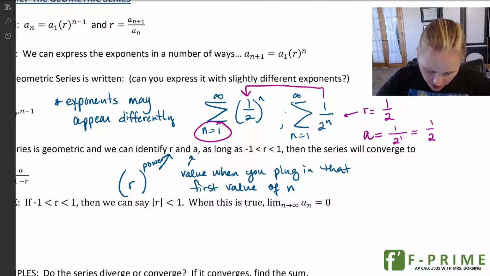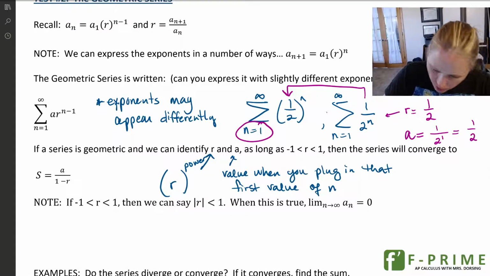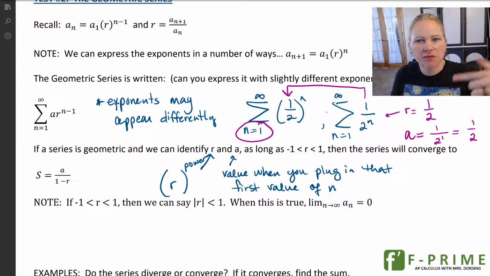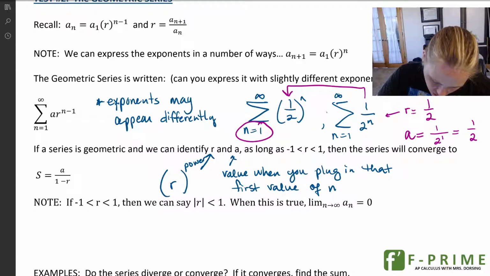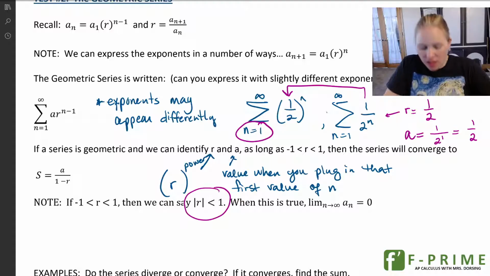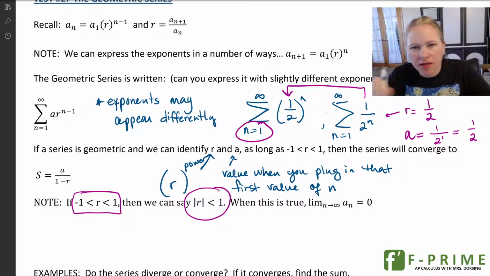So when we find the sum, and let's continue on with this example, the sum will look like this. First things first, whatever r is, it has to be less than 1. So we say that the absolute value of r has to be less than 1. R could be a negative value. So as long as r is between 1 and -1, as you raise it to the power, your nth term will approach 0. So that's number 1.